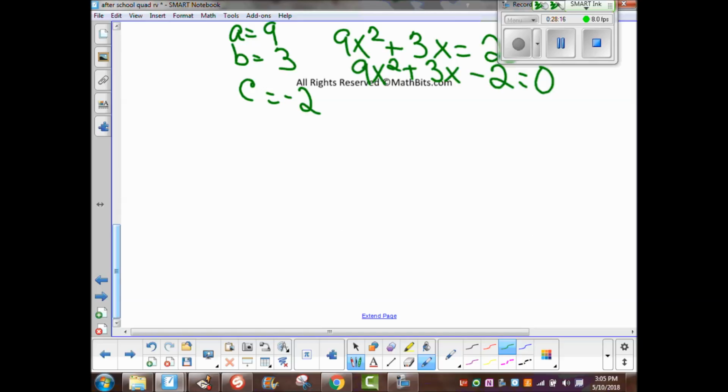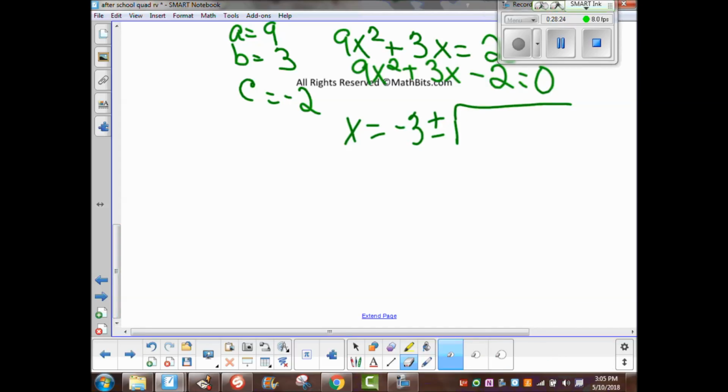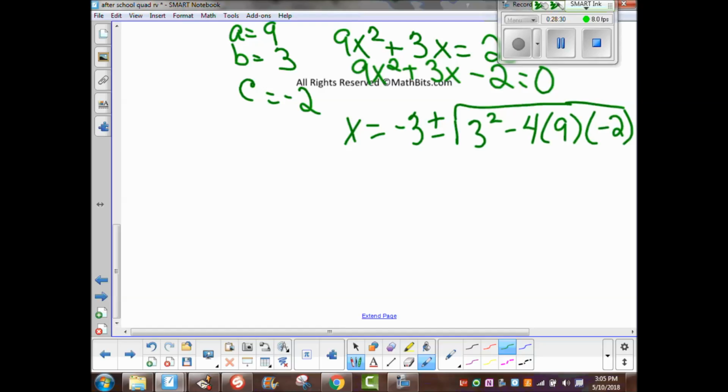Go ahead and x equals negative B plus or minus the square root of B squared, remember we're just doing substitution, B squared minus 4 times A times C, all over 2A. So let's see, minus 4 times A times C, just checking. Yep, we're good. Go to your calculator.